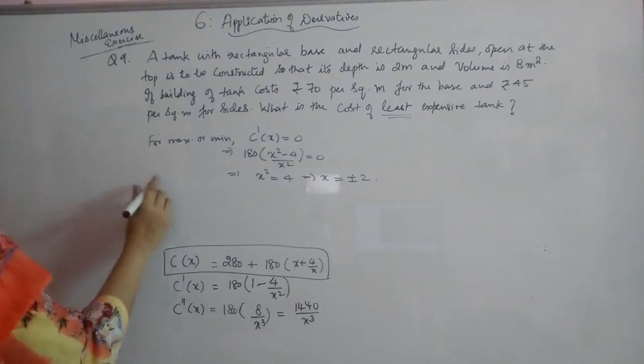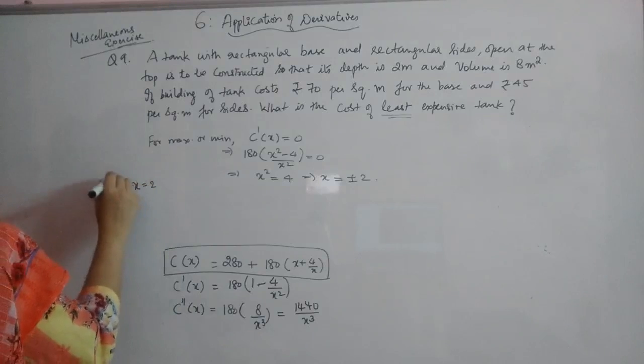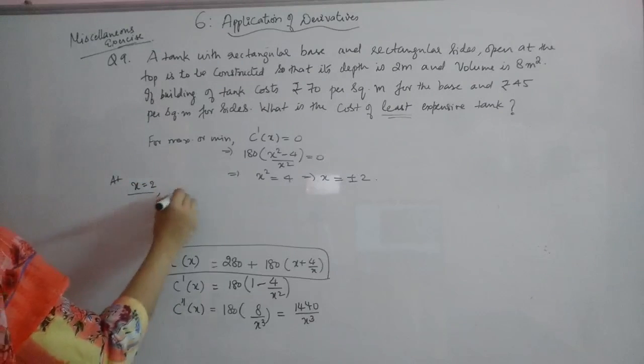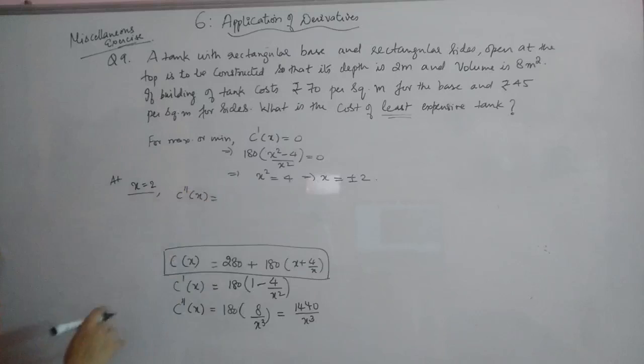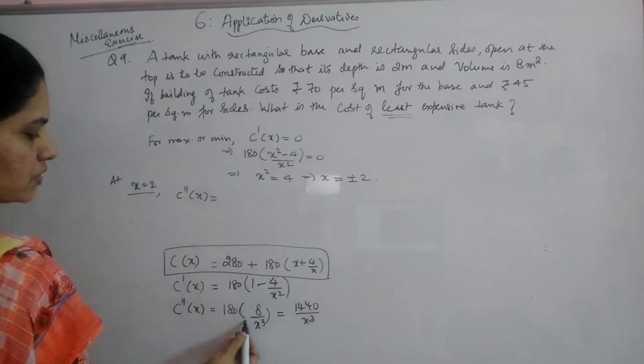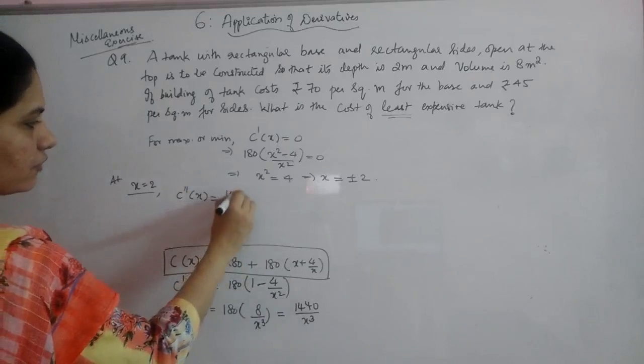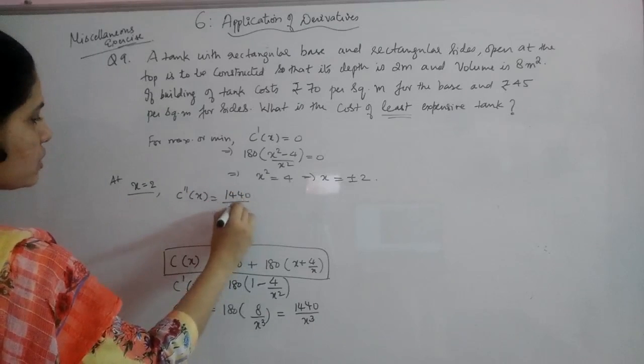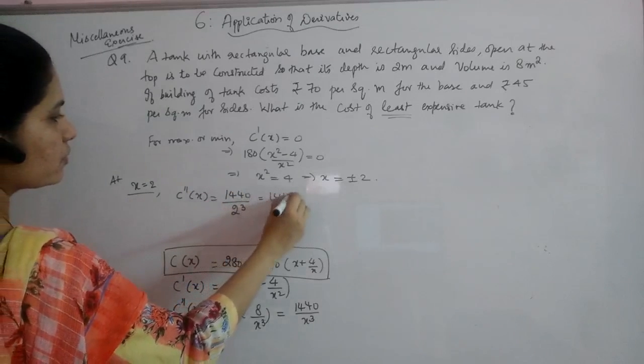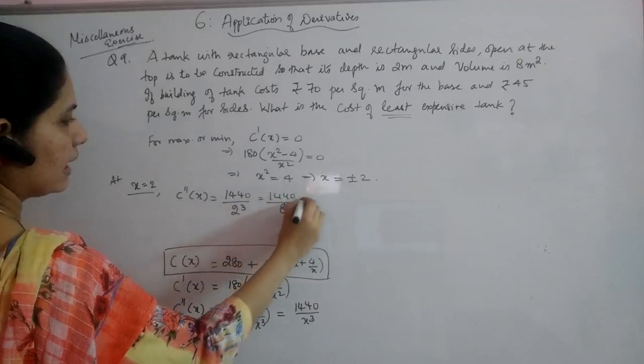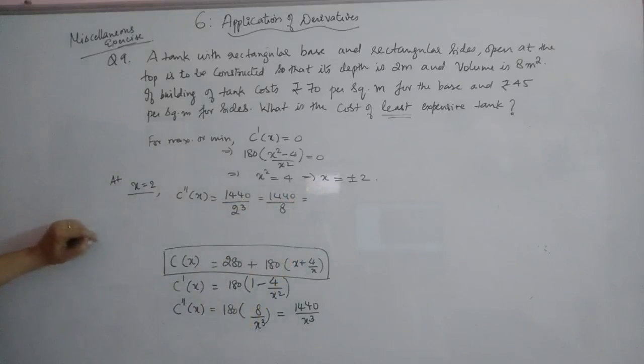So when you have x equal to 2, c double dash of x will give you, here you have to substitute, 1440 by x cube, that is 2 cube, that is 1440 by 8. Now how much is 1440 by 8?